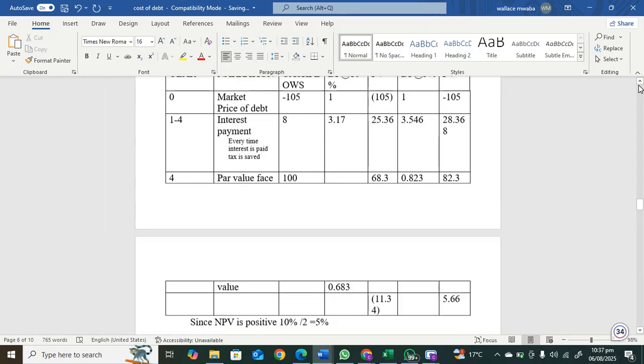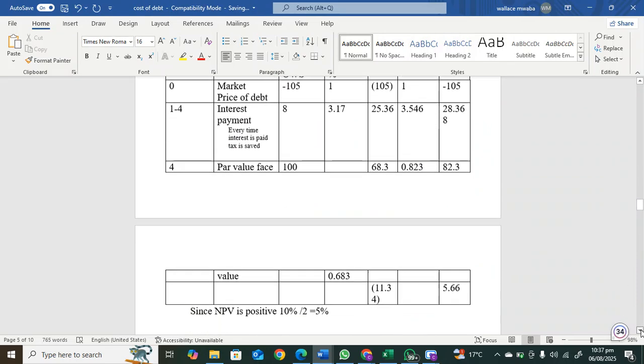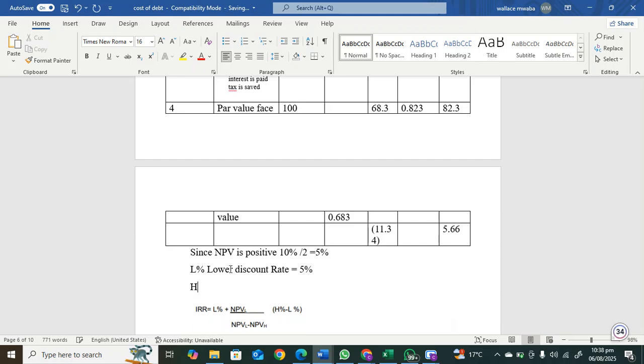Now when it comes to putting in the formula for the internal rate of return, there are just four figures you need from this table. L% is the lower discount rate, which we used as 5%. H% is the higher discount rate, which is 10%.